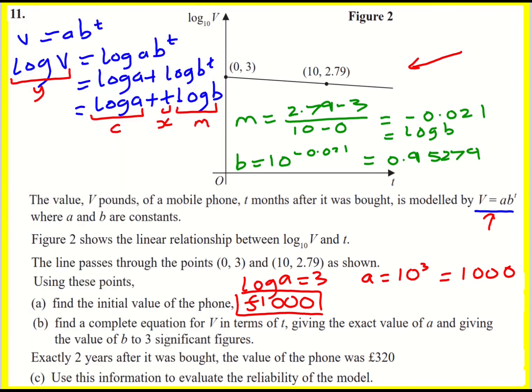There we go. All right, so my complete equation is going to be v. I'm just now putting them into here. V is going to be 1,000 multiplied by, we're asked to give b to three significant figures, so 0.953 to the power of t.